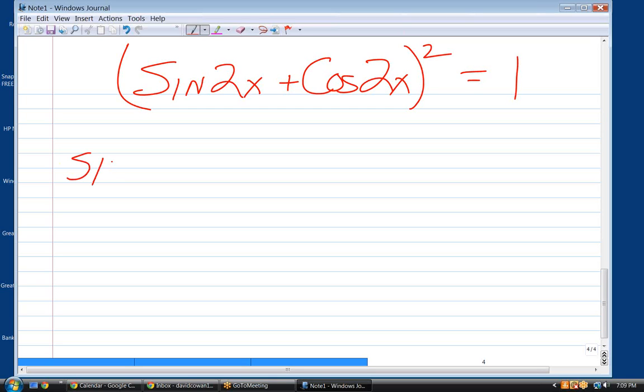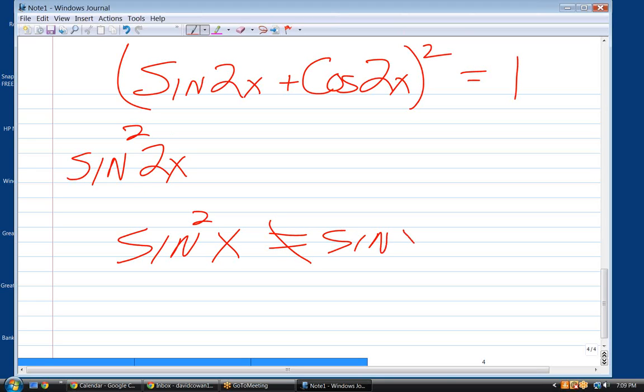Okay. What do we get? Sine 2x squared. That's how you write it. In other words, there's a difference between this. That is not equal to this. Okay. It is equal to sine x quantity squared.